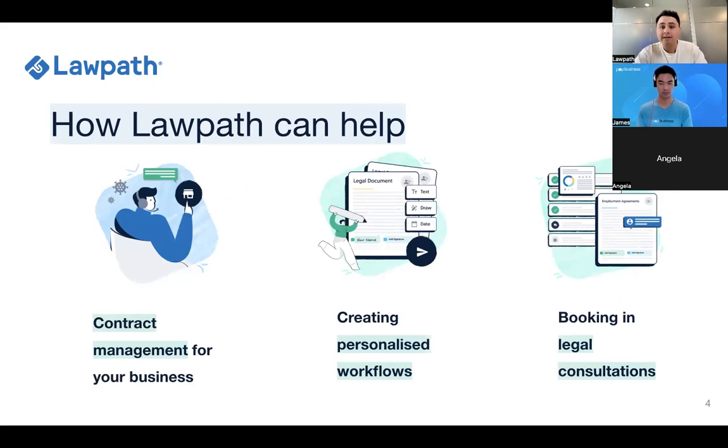You can create these legal templates and customize them for your specific business. You can also use our e-signature feature to send these documents off to your candidates, your employees, your vendors, or other people who are doing work with you, and get the full contract management solution. You can add your company branding, and you can add different team members in there. So that's the contract management side.